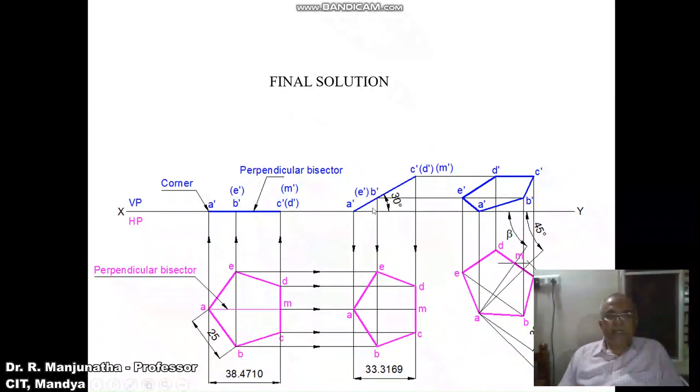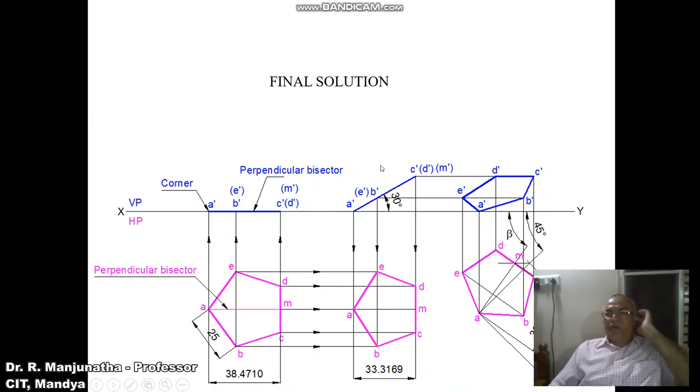With A dash as center, cut an arc on that 30 degree line in the second position, and you mark this point as C dash, D dash in bracket, and M dash in bracket. Again, with A dash as center, take the radius A dash B dash and transfer it to the second position on that 30 degree line, and you mark this point as B dash and E dash in bracket. Then join A dash to C dash with a dark line.